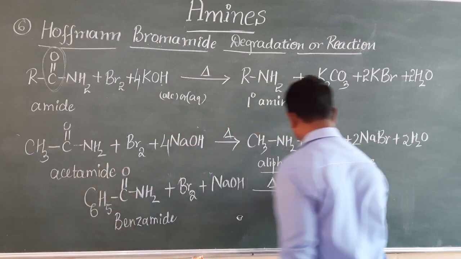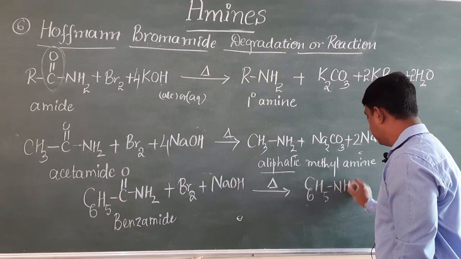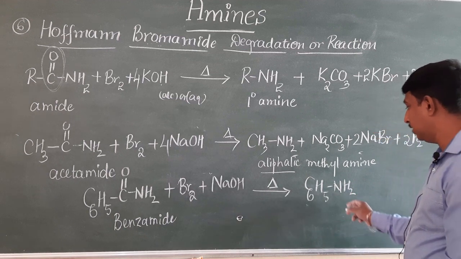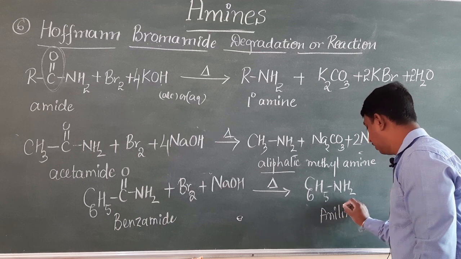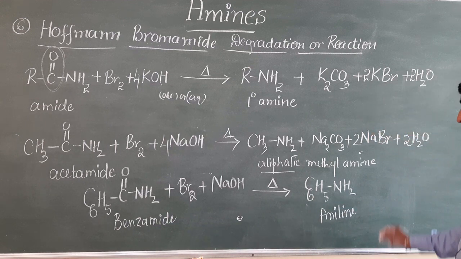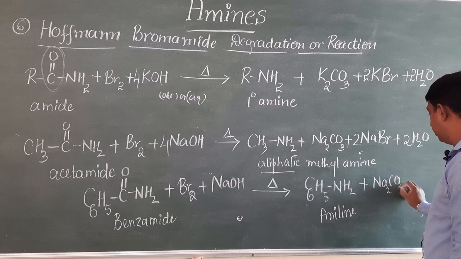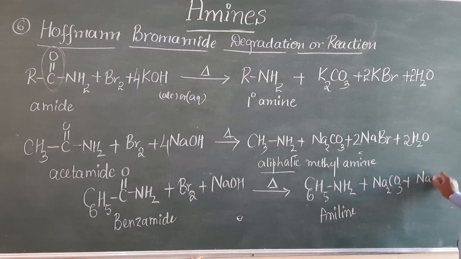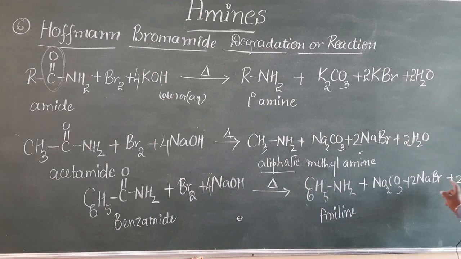Remove CO, and we get C6H5NH2, aniline or benzenamine, an aromatic primary amine, along with carbonate, sodium bromide and water: 2 NaBr, 4 NaOH, 2 H2O.